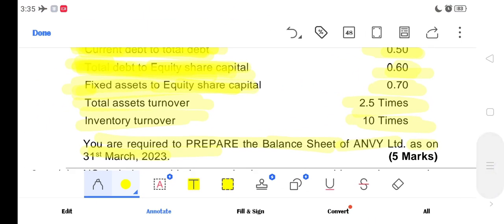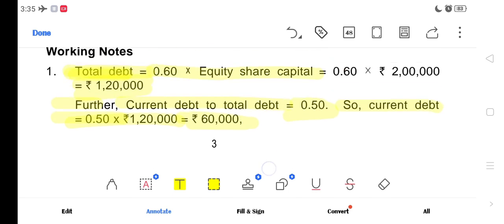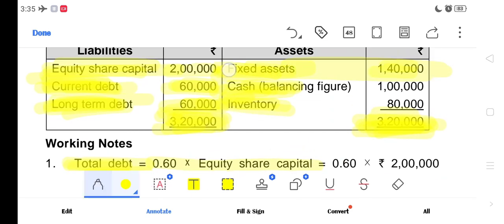We already discussed that apart from fixed assets, what are there? Current assets only. Current assets in total is 1 lakh 80. But we have the inventory as 80,000. Now you can directly make it other current assets as 1 lakh, or you can also write cash, because apart from cash and inventory, what else is there?